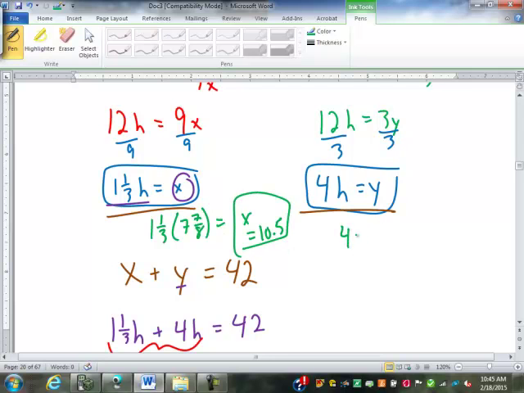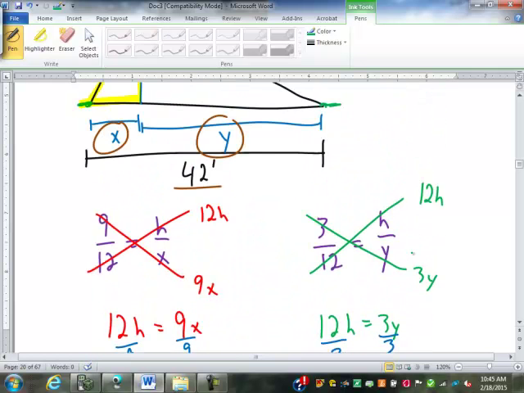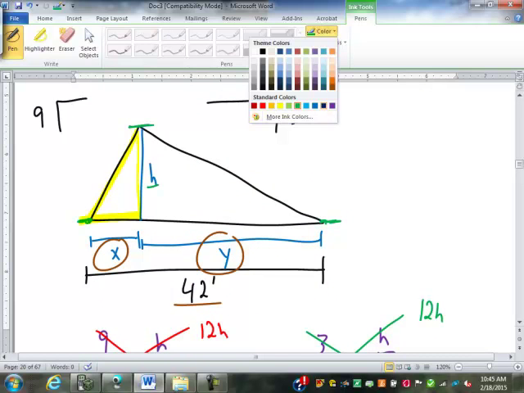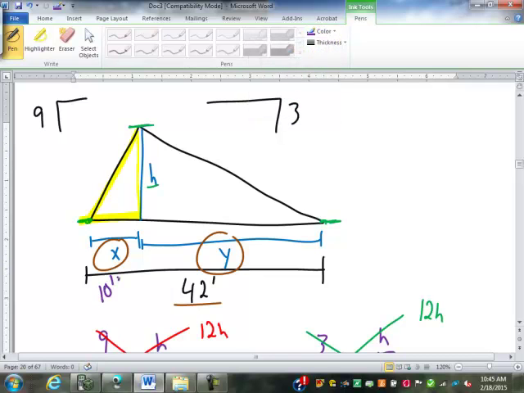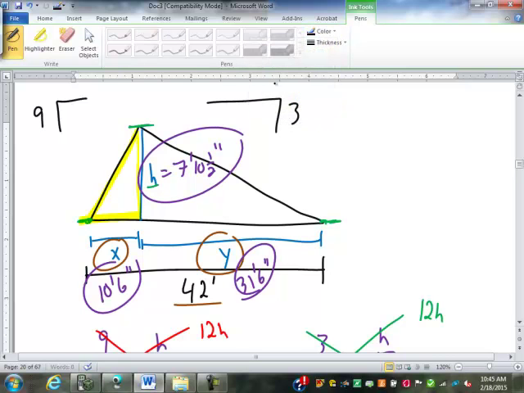Y is 4 times H, so that'll be 4 times 7 7/8 equals Y. So that ends up being 31.5 feet for Y. So coming up here, X is 10 foot 6 inches. Y is 31 feet 6 inches. H we said was 7 feet 10.5 inches. What do y'all think? Good stuff?